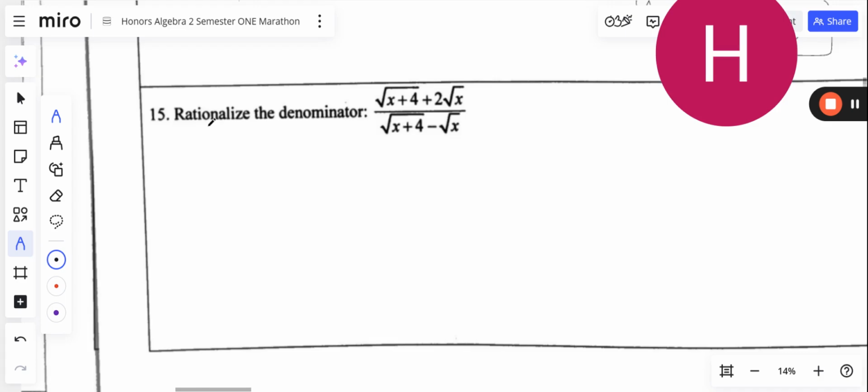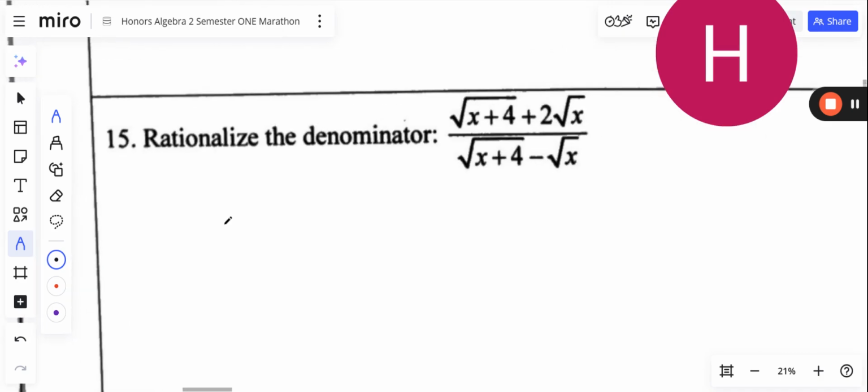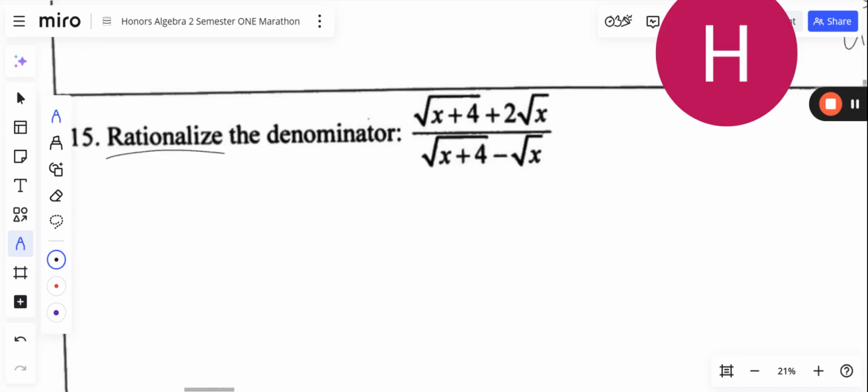Okay, rationalize this denominator. Oh boy, what do we mean here by rationalize the denominator? We basically mean no more square roots in the bottom. How do we eliminate square roots? This is a very important tip to remember in your math career. If you want to get rid of square roots, we can multiply by the conjugate, because that's going to create a difference of squares.